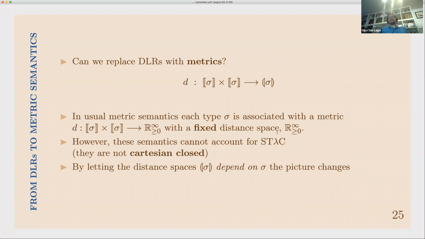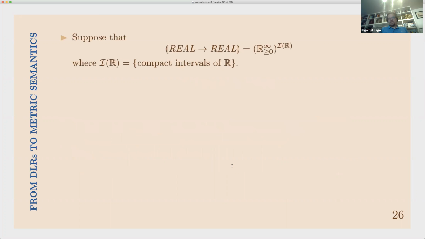If you let the distance space on sigma depend on sigma, a bit like we did for differential logical relations, the picture changes. For example, you can say that the distance space on functions on the real numbers is the space of functions between, say, compact intervals on the real numbers to positive real numbers.